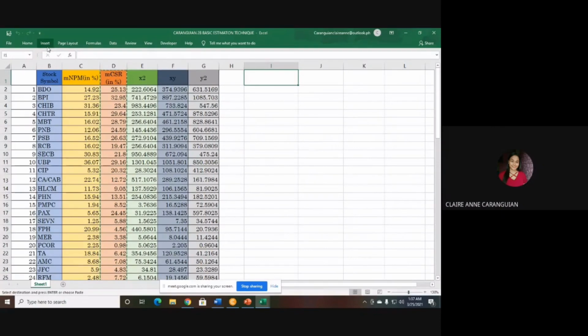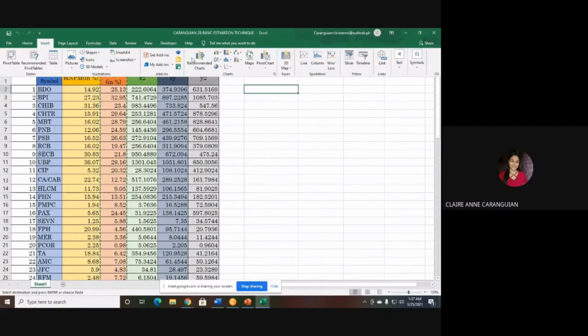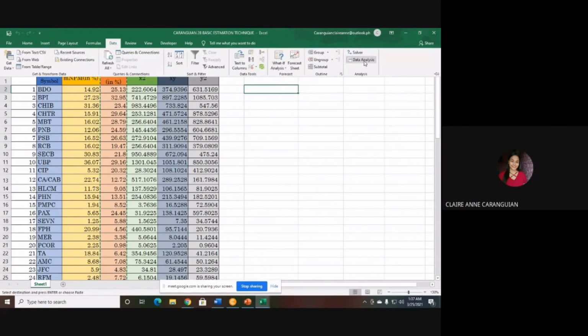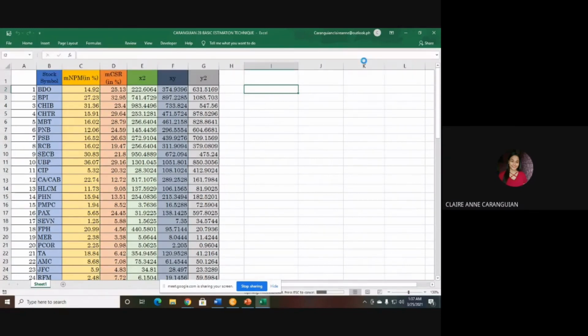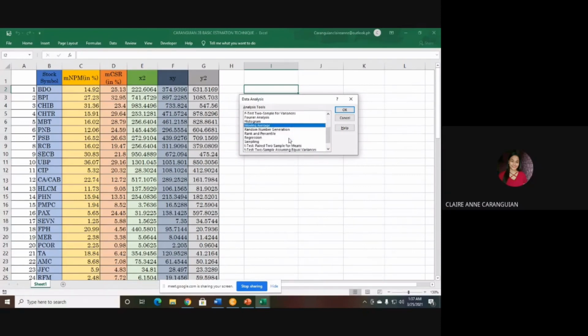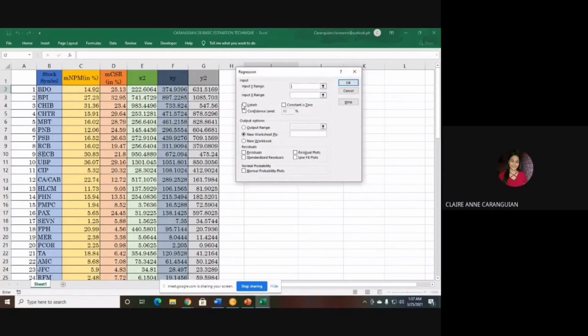So, insert. Click data. Click data analysis. So, yan. Find regression. So, click the regression. Then, okay. Then, may lalabas na ganito.